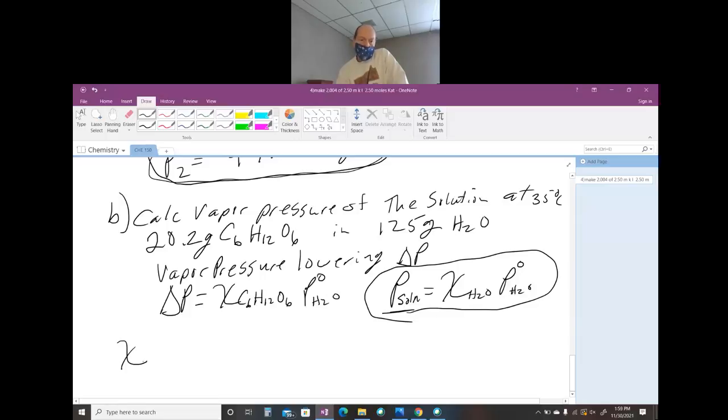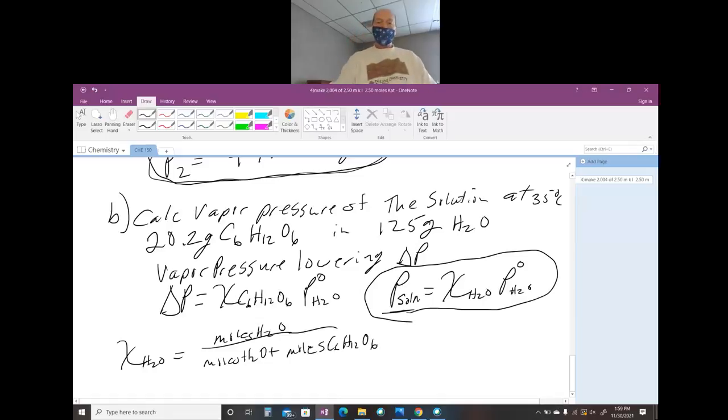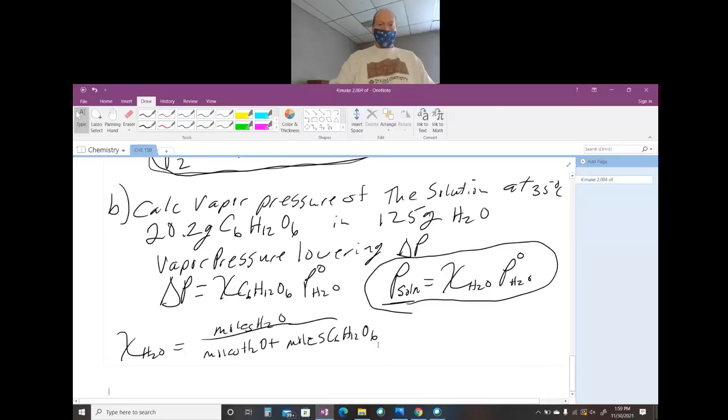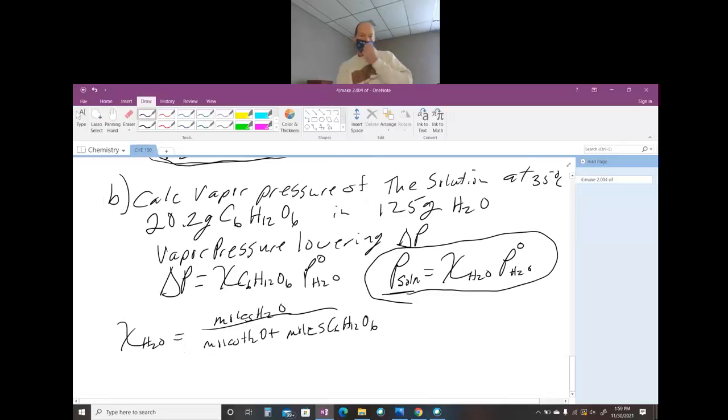To find the mole fraction of water, I have to take the moles of water, divide by the moles of water plus the moles of the sugar, C6H12O6. I'm given a mass of both of these: 20.2 grams of glucose and 125 grams of water.